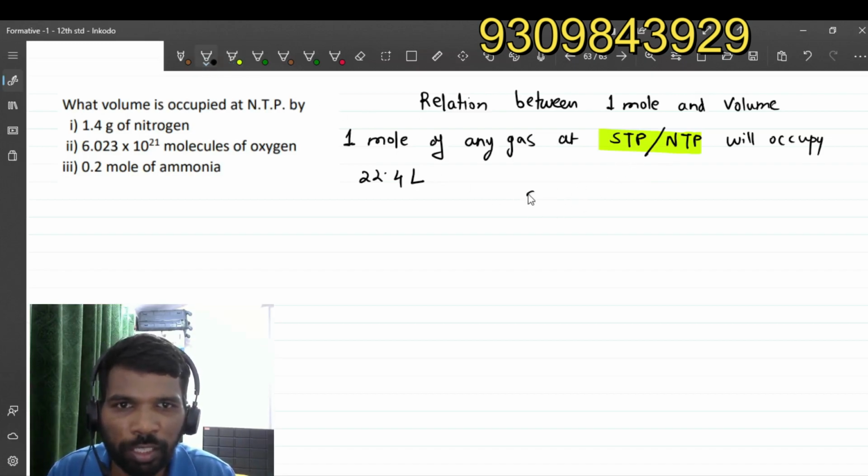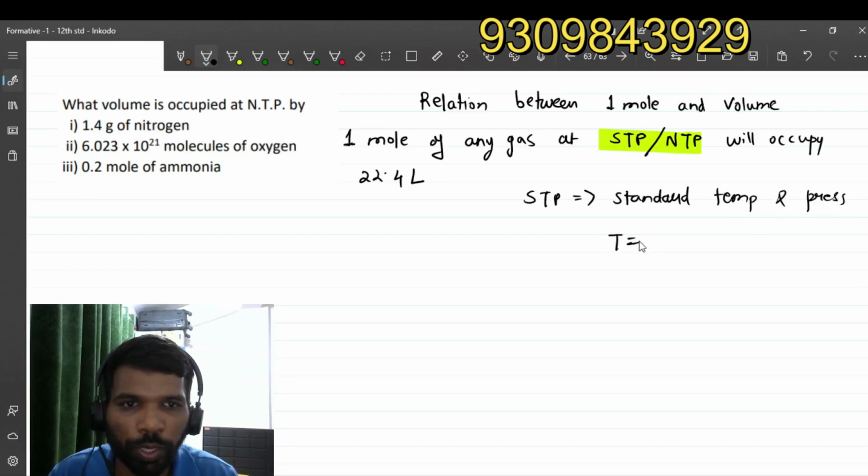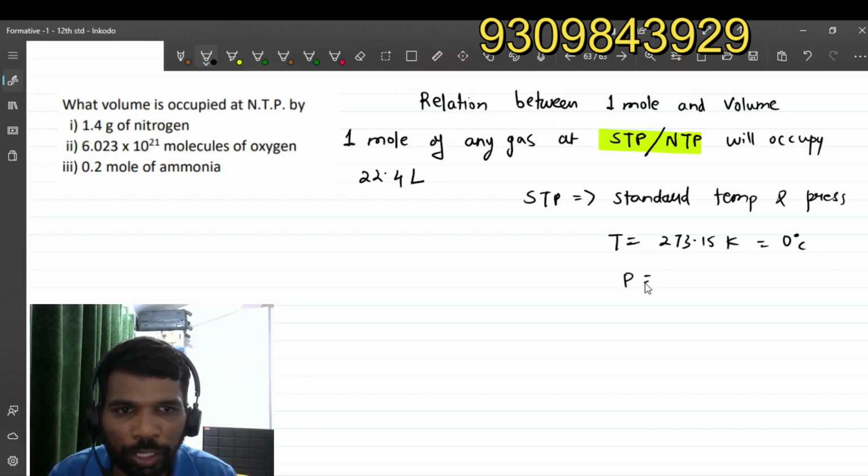What is the meaning of STP? STP stands for standard temperature and pressure. Temperature over here is 273.15 Kelvin, which is equal to 0 degrees Celsius, and the pressure is 1 bar.